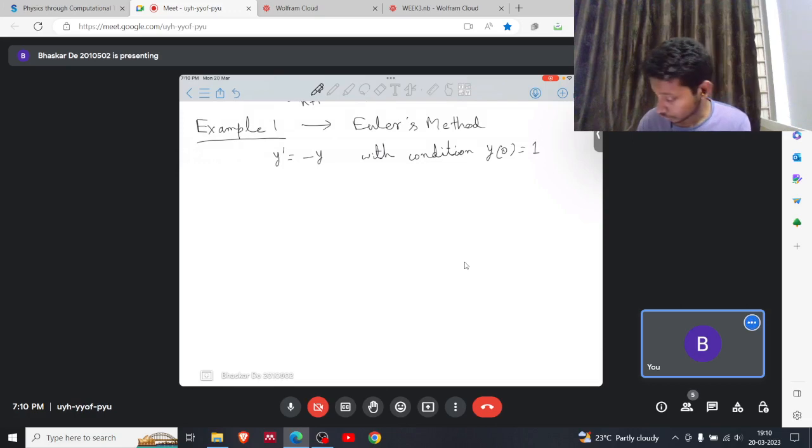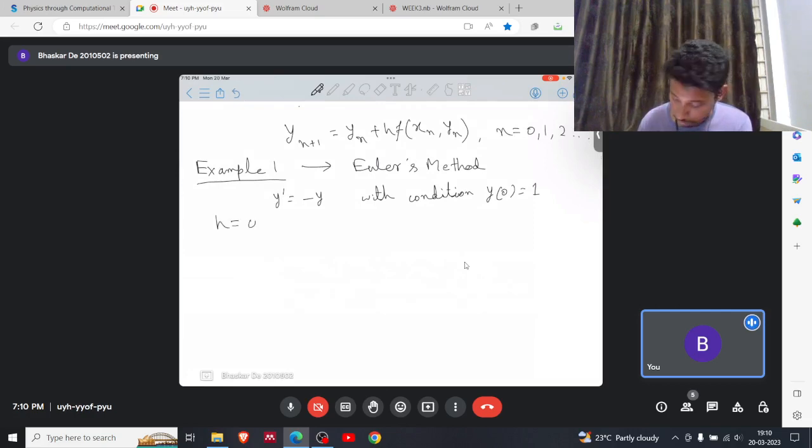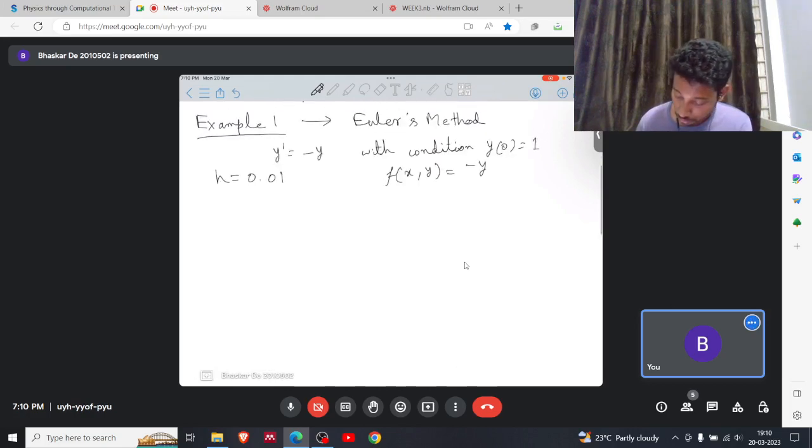Clearly we can take the value of h equal to 0.01, and here f of x y equal to minus y. The initial condition is y equal to 1 at x equal to 0. So here we can find the value of y at x equal to 0.01, 0.02, 0.03 and so on.